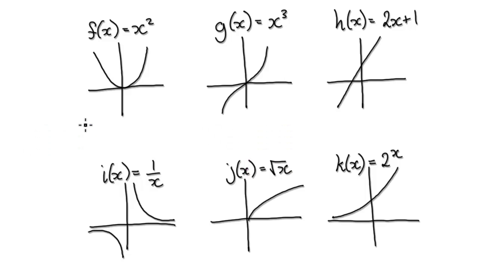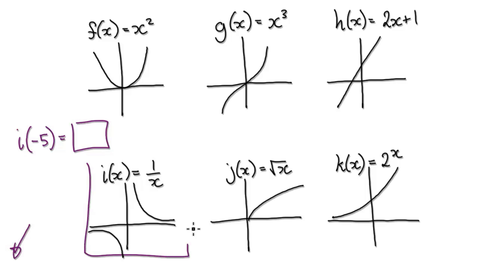Okay. Next one here. What is, let me think, what is i of negative 5? So what goes in this box? So press pause and have a go. Okay, so to do this, you've got to look at the i function. Well, the i function is really this one here. So picture the machine in your mind, and you're putting in the negative 5.